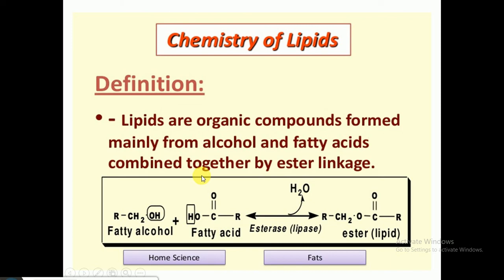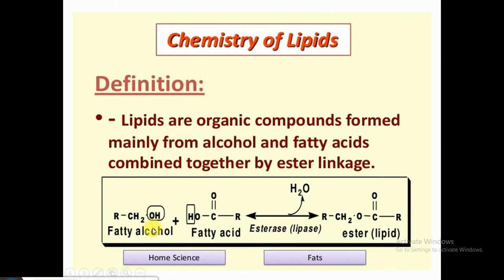This is the chemical formula. This is the formula of fatty alcohol, which contains an alkyl group, CH2 and a hydroxyl group.